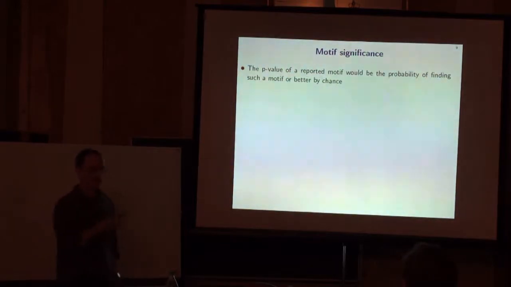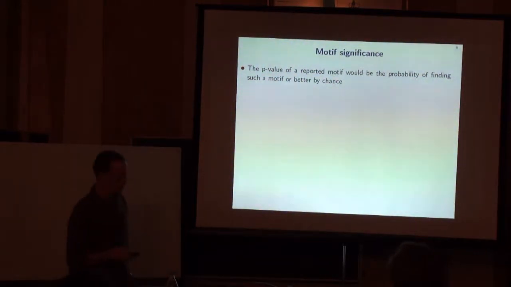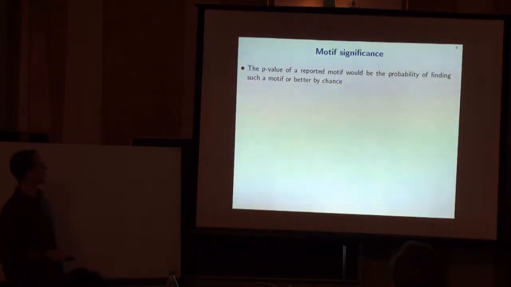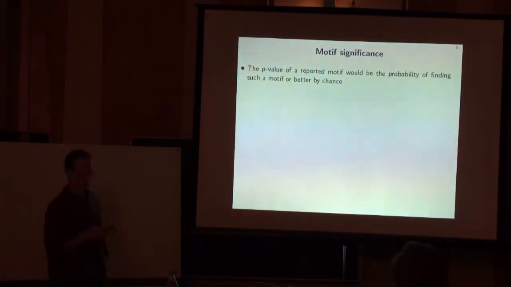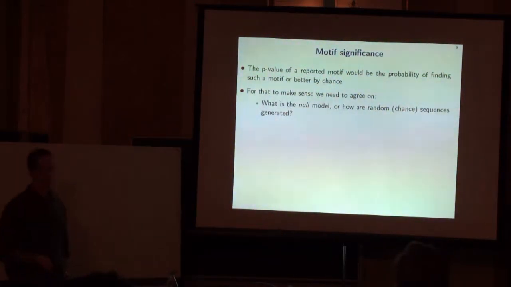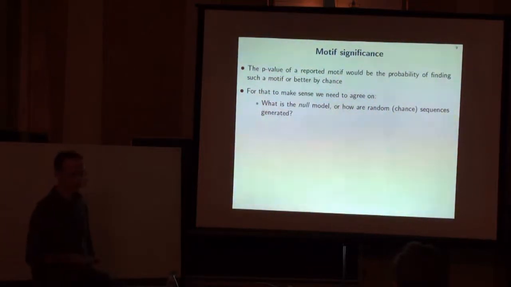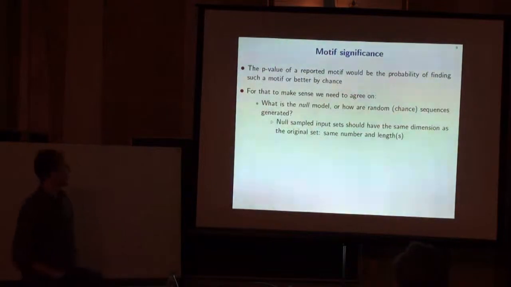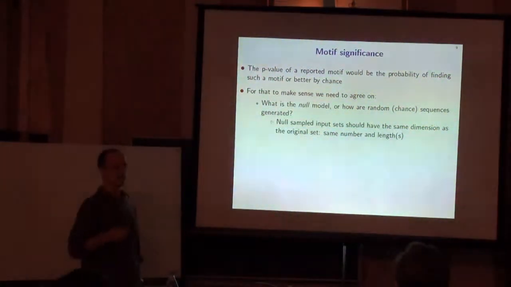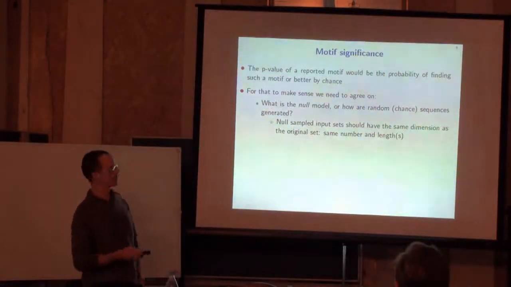Now, translating this to the language of motif finding, the p-value of a reported motif would be the probability of finding such a motif or better by chance. For this to make sense, we need to agree on the null model, how random sequences are generated. The first thing we would probably agree on is that the null sampled input set should have the same dimension as the original set, meaning the same number of sequences and the same length.